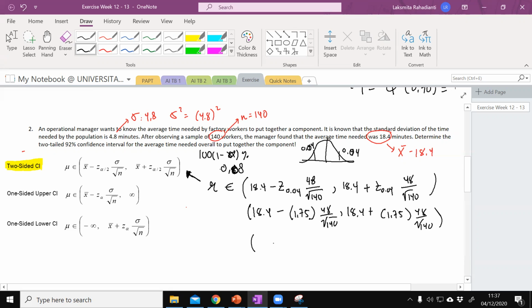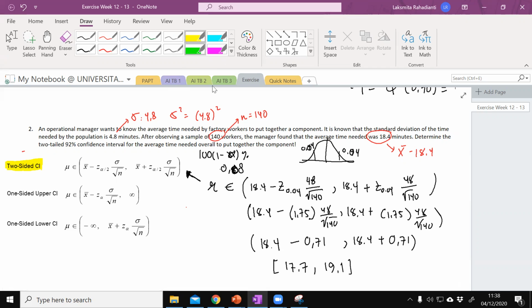And this will be somewhere around 18.4 minus 0.71 and 18.4 plus 0.71, resulting in a range of 17.7 and 19.1. So this conclusion tells us that when this operational manager wants to compute the average time needed in the population, the population mean should fall between 17.7 and 19.1.